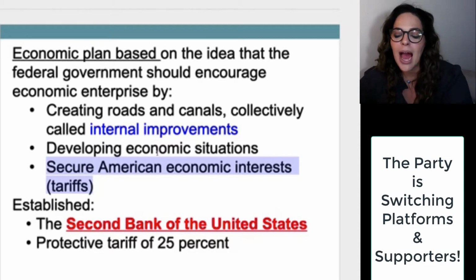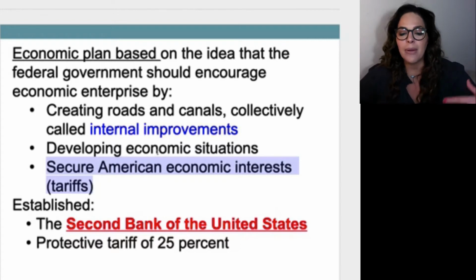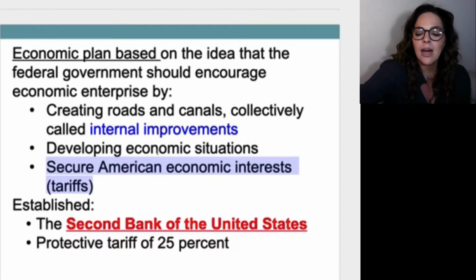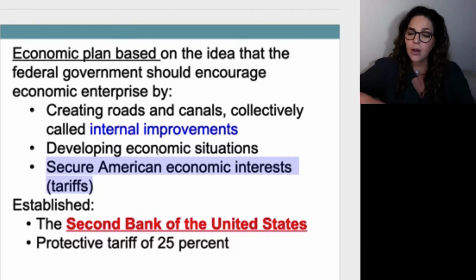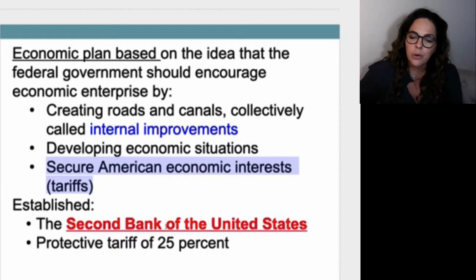So, as a precursor to making all of these changes happen and benefit the American people on the whole, American businesses, and for this plan to work, we have to have a national bank. So this is where they're going to establish the Second Bank of the United States.